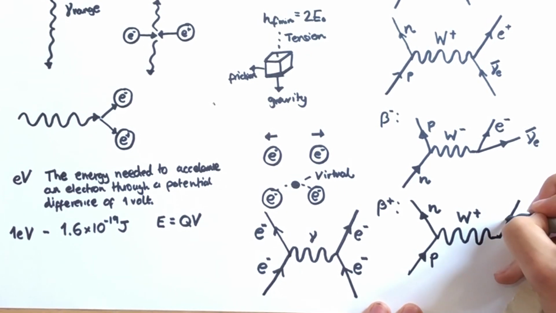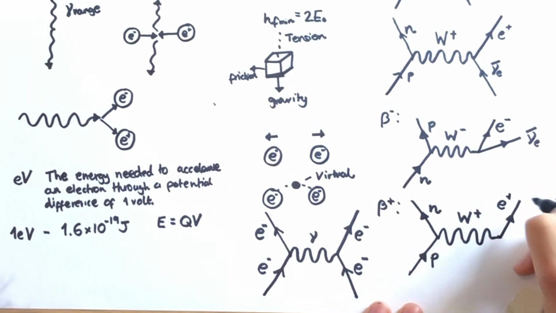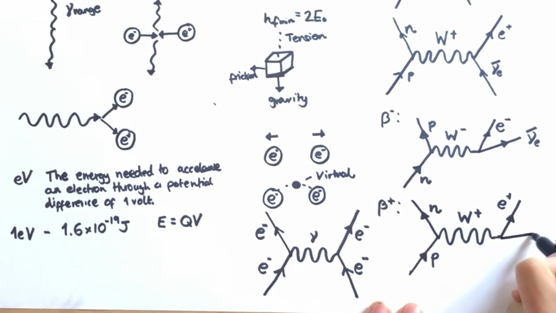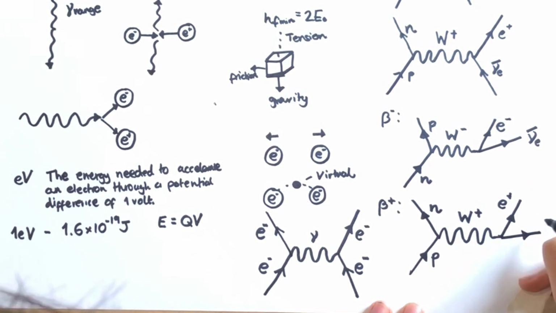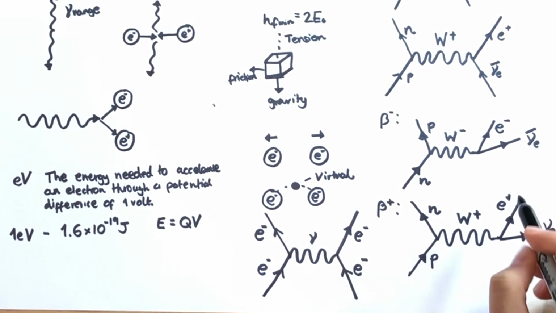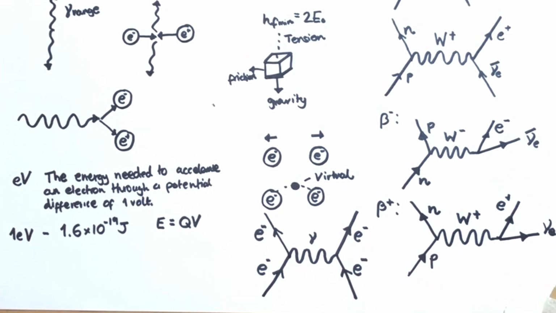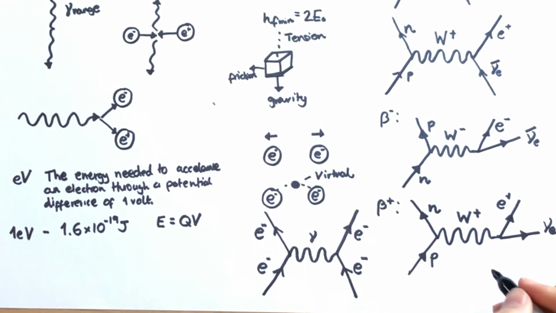And we have our positron leaving, as well as our normal electron neutrino. And again, technically this arrow, because it's an antimatter particle, the positron, should be going in. But again, I don't think they're too fussed about that at A level.